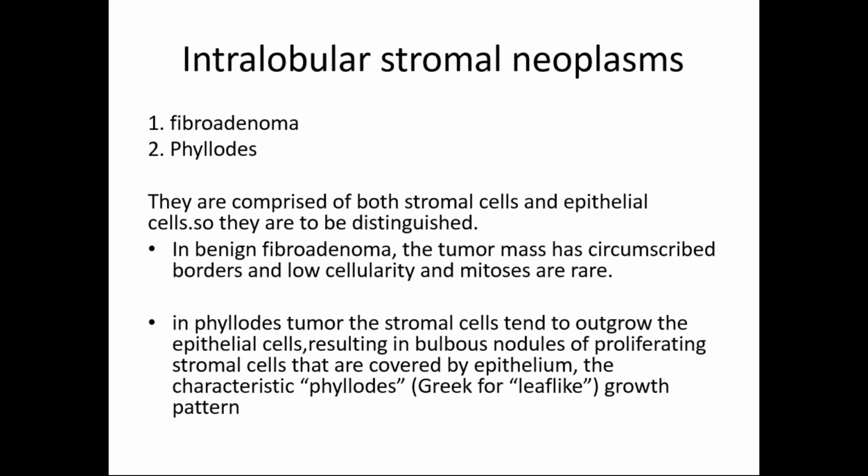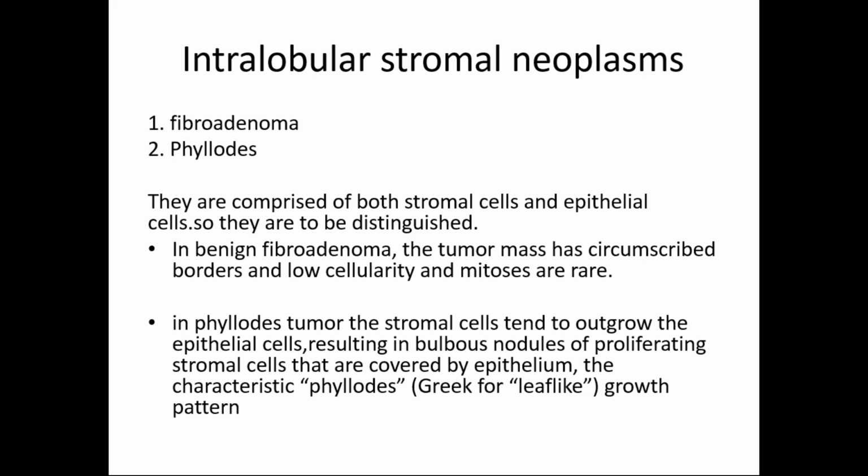Sometimes you can have differentials like the phyllodes tumor. Phyllodes tumor is one of the differentials for these intralobular stromal neoplasms, and they are composed of stromal cells and epithelial cells. In a benign fibroadenoma, the tumor mass will have a circumscribed border and low cellularity, and mitosis is rare.